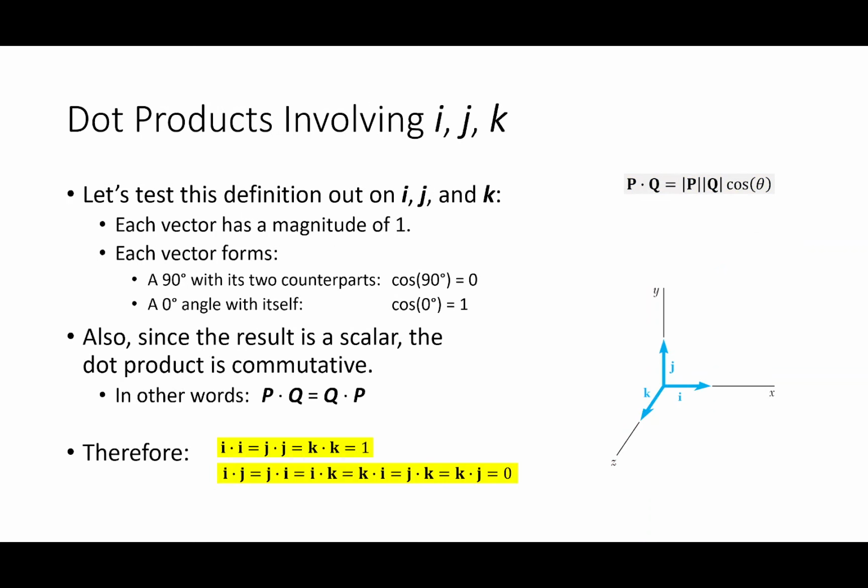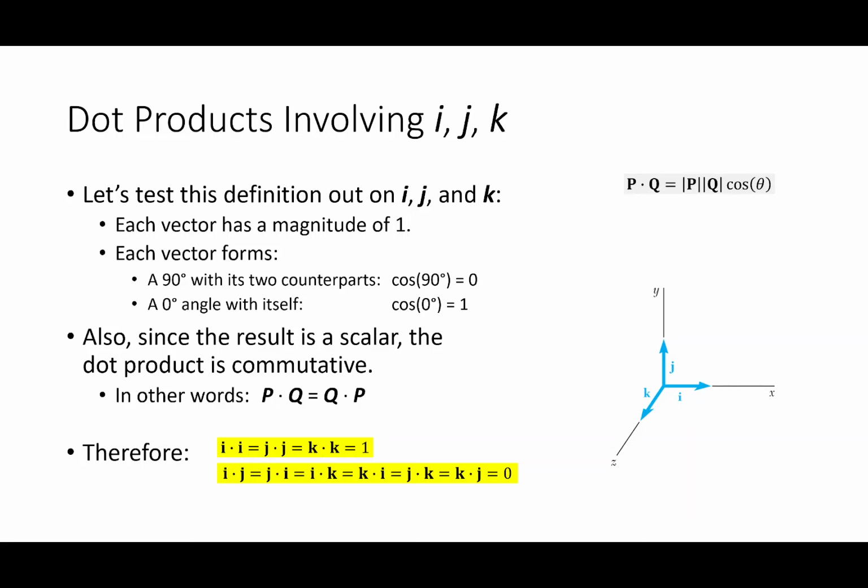If we look at dot products involving I, J, and K, they're actually really, really easy. Remember, the cosine of a 90-degree angle is 0, but the cosine of a 0-degree angle is 1. Here's why that's relevant.